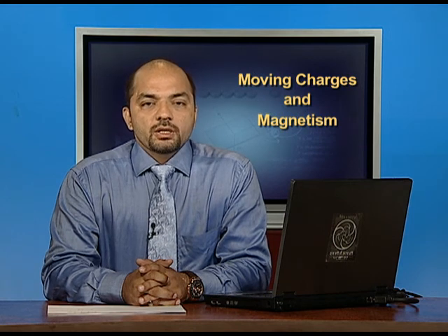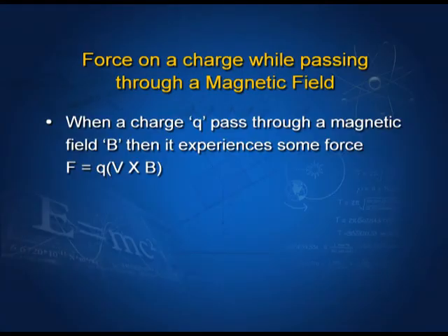Combining all these parameters, we obtain F is directly proportional to Q V B sin theta. Putting a coefficient of proportionality k equal to 1, we get F equals Q V B sin theta. In vector form, we can write F equals Q V cross B.